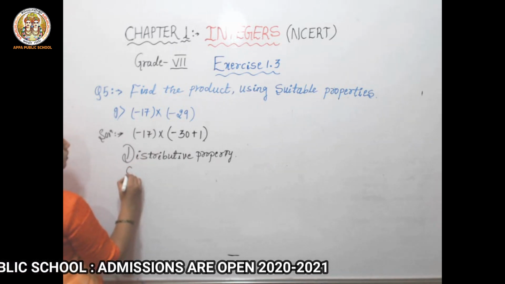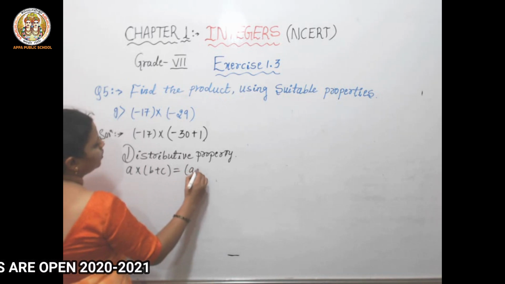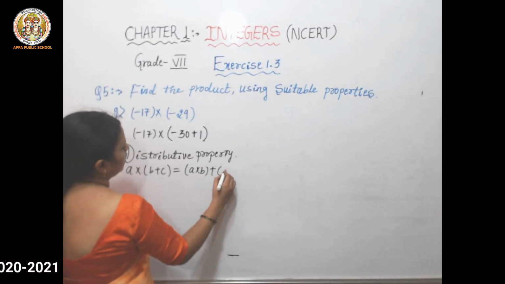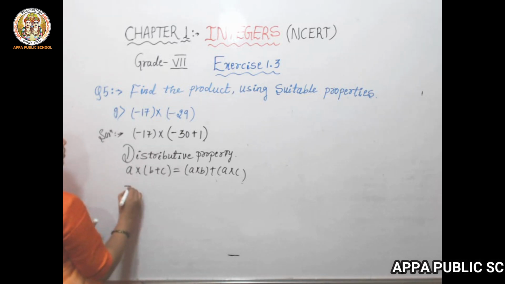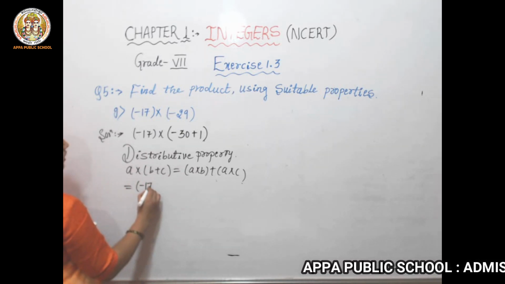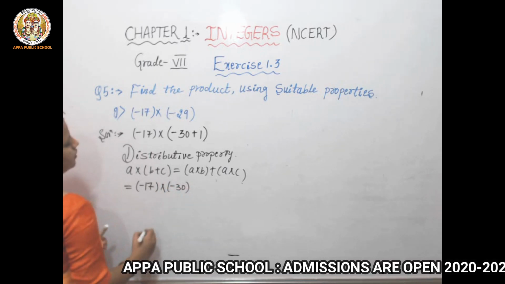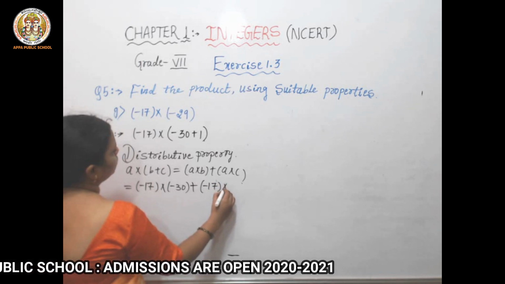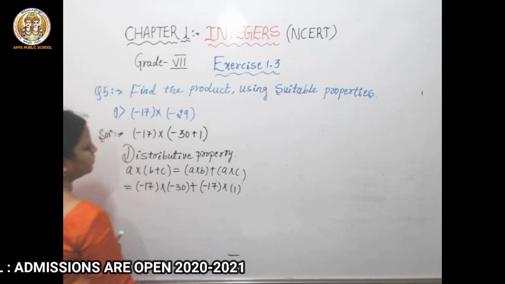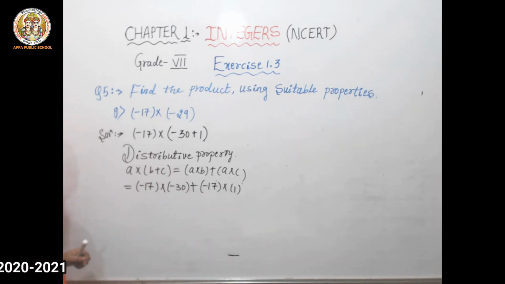That is A into B plus C as A into B plus A into C. Okay. Now minus 17 into minus 30 plus minus 17 into 1. There it is, A into B, A into C.